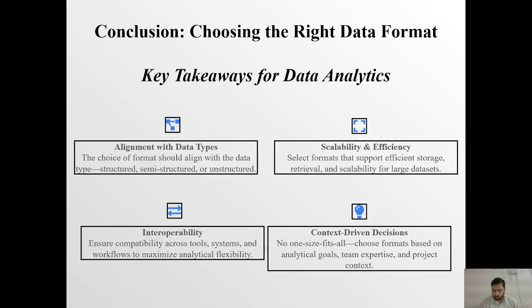From there, the choice of data formats plays a pivotal role in shaping analytical efficiency. While SQL databases provide robust query and relational structure, JSON and other semi-structured formats offer flexibility, especially for modern APIs and web-driven data.